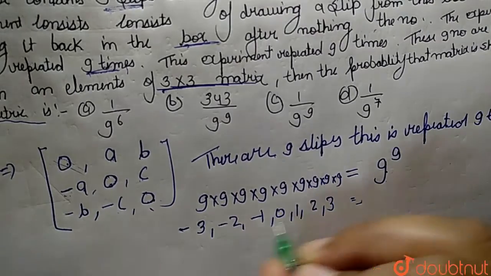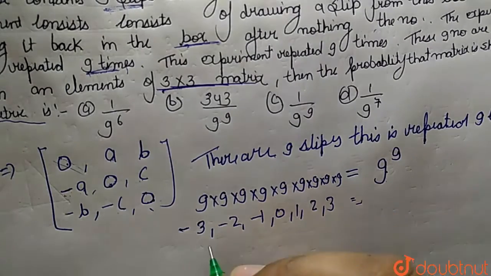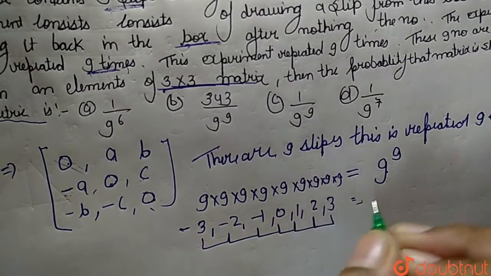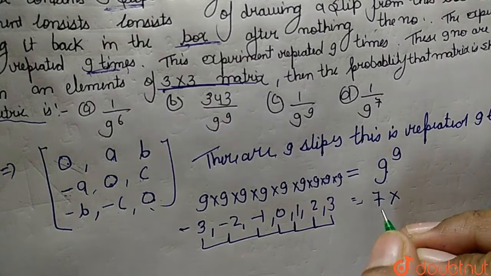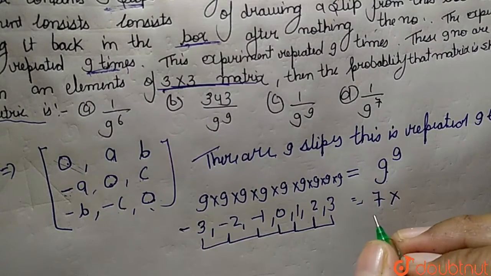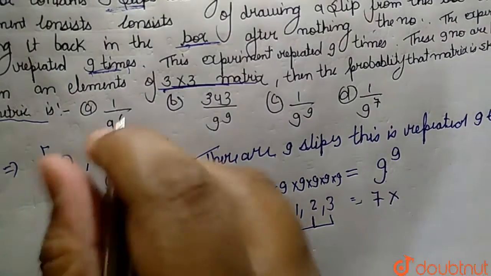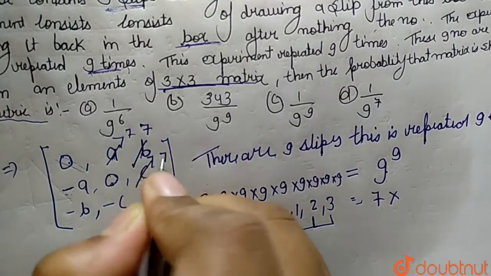When we simplify it, the total numbers that we have are 1, 2, 3, 4, 5, 6 and 7, so 7 choices. How many independent entries does a skew symmetric matrix have? We have 3 entries. For each of them we have 7 choices.